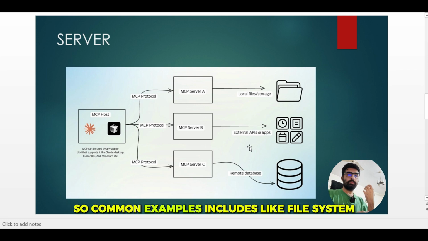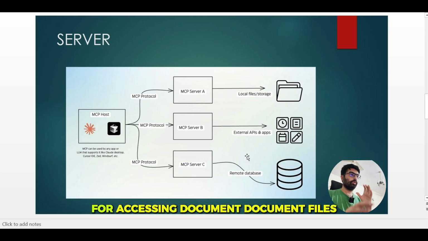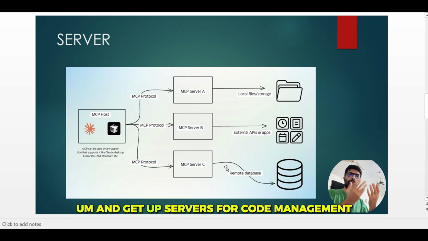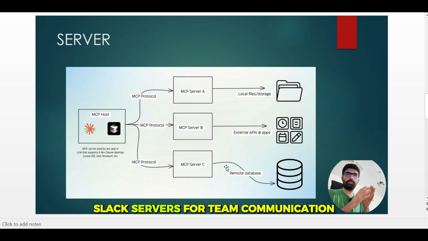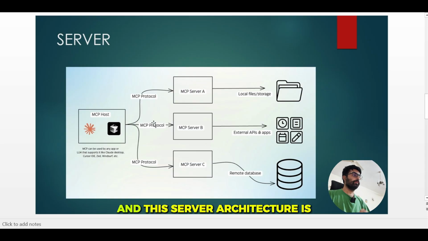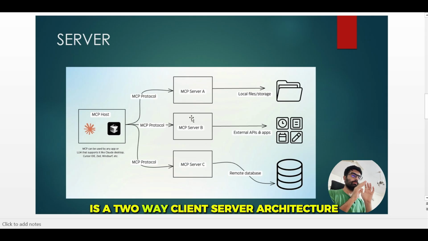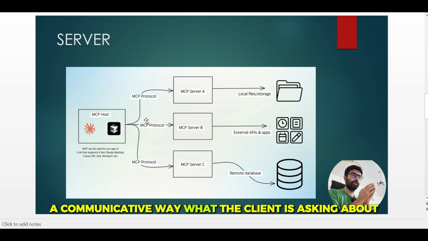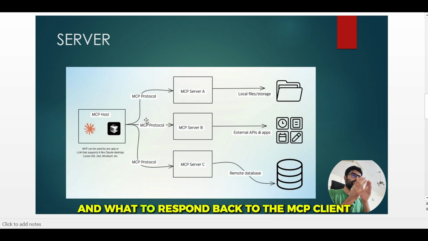Common examples include a file system for accessing document files, database servers for data queries, GitHub servers for code management, Slack servers for team communication, and calendar servers for scheduling. This server architecture is a two-way client-server architecture which interacts with the client through MCP, a protocol, a communicative way of handling what the client is asking about and what to respond back to the MCP client.